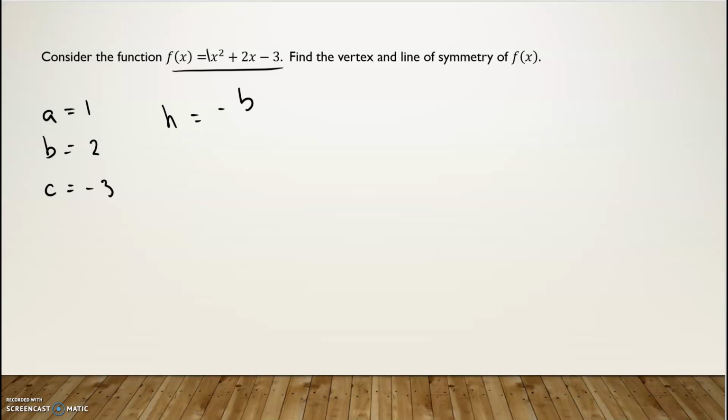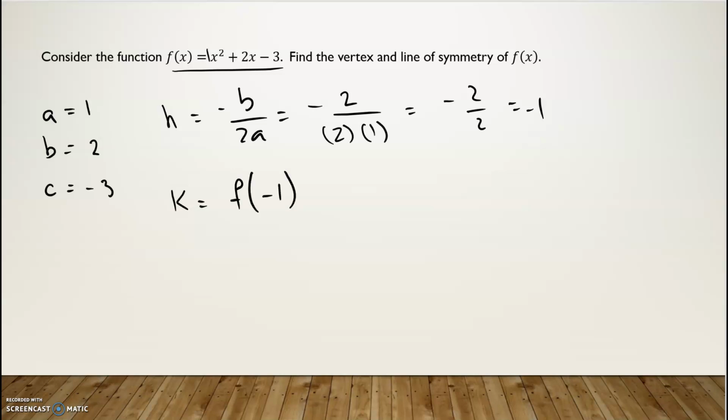So h is negative b over 2a. So negative 2 over 2 times 1. So negative 2 over 2, or negative 1 for h. Now to find k, I just take what I found for h and I plug it back into my original function.